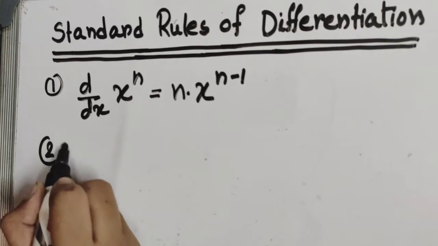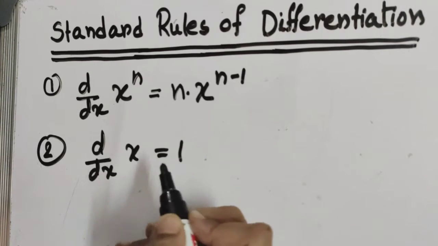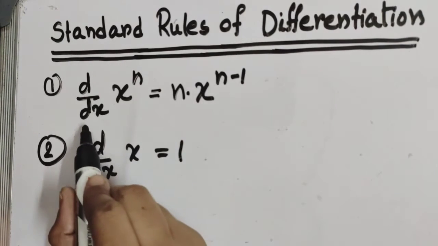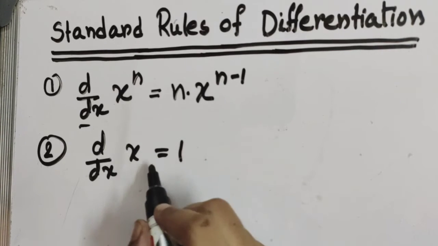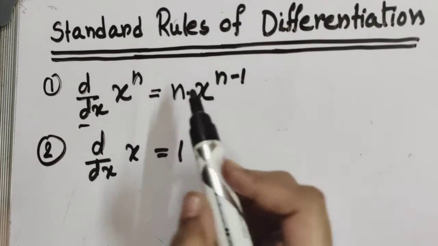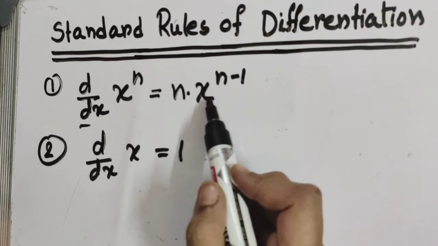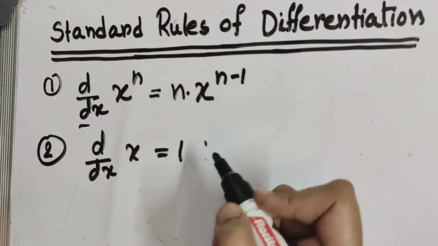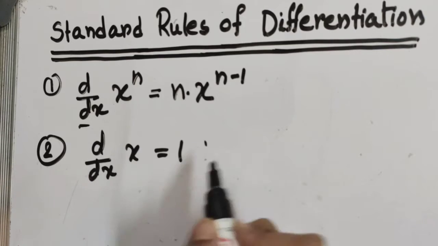The second formula is d/dx of x is 1. If you apply the first rule, you can also see this second rule, because here n is 1, so 1 into x to the power 1 minus 1, that means x to the power 0, and something to the power 0 equals 1. So d/dx of x equals 1.